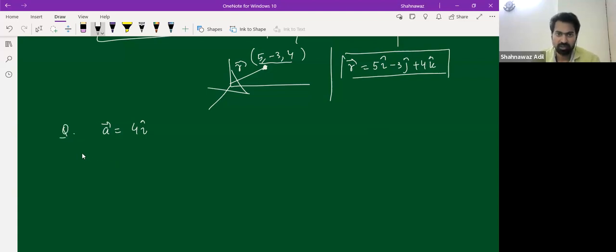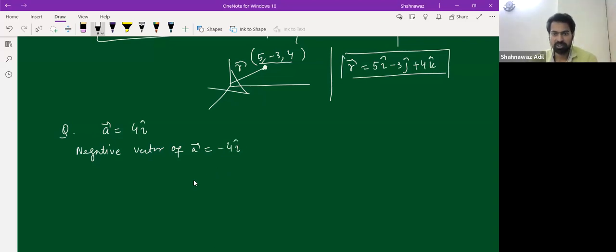Akif, tell me what is the negative vector of this? -4 i cap. Right, so minus 4i.